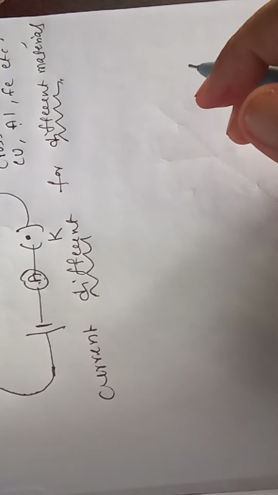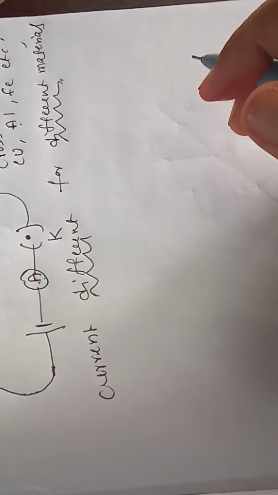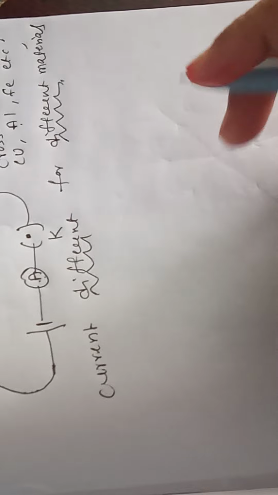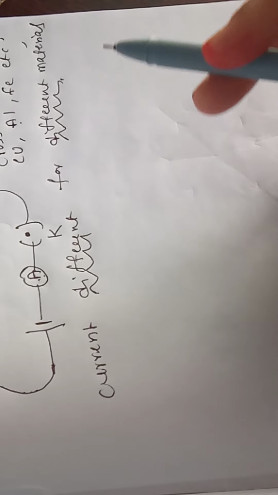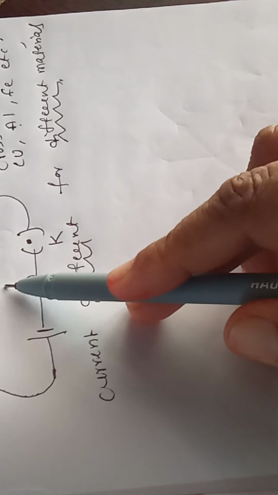which shows that the resistance depends upon the nature of the conductor, because different metals are having different current values in this experiment.